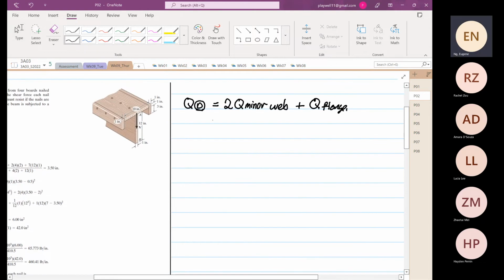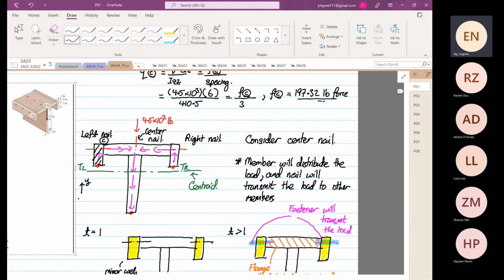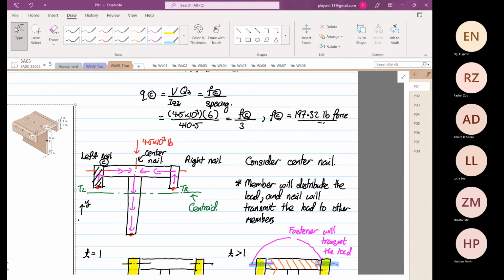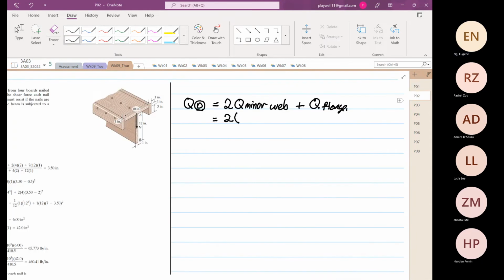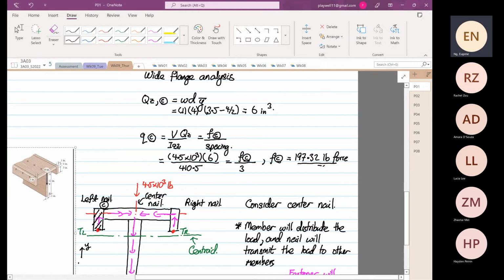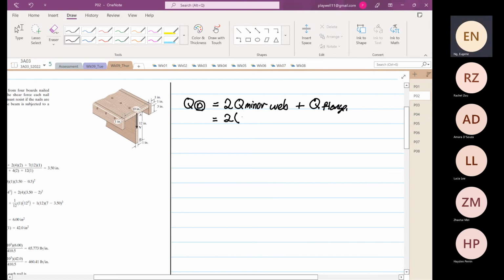So this will be equal to twice. We found the minor web to be equal to how much? To be equal to 6, right? Is it 6? Let me see. Yep, 6. Okay. And then we have to add the Q of the flange.